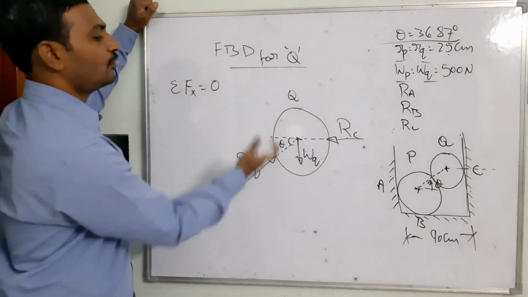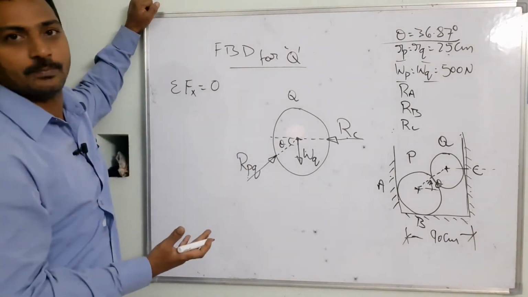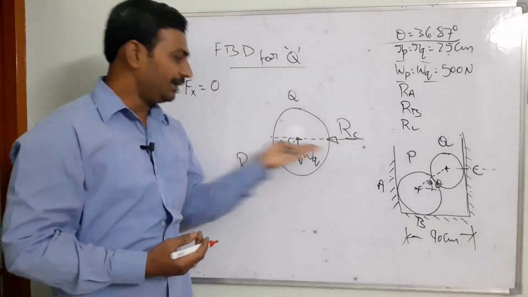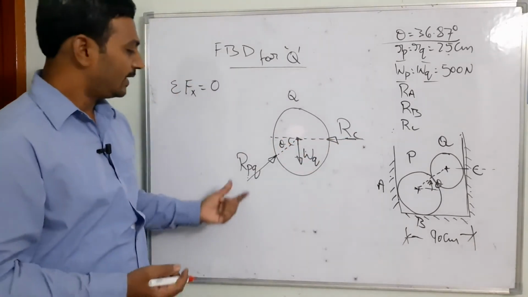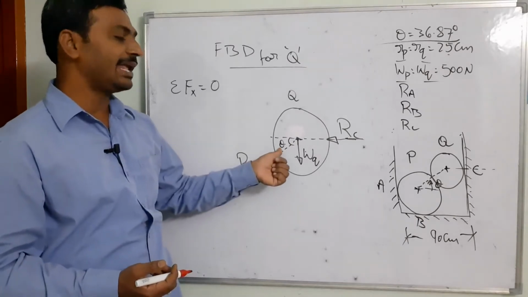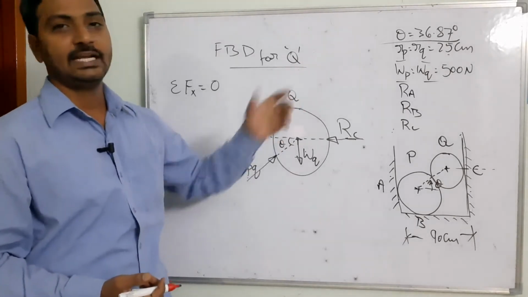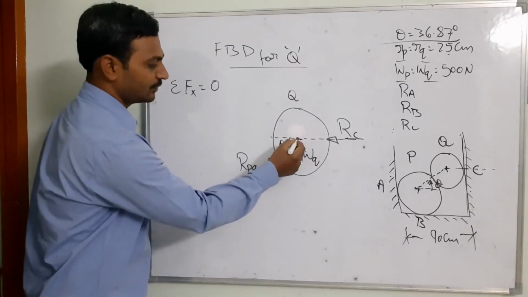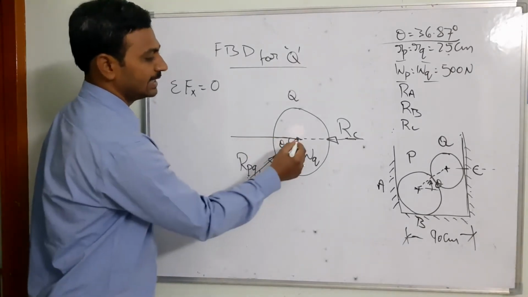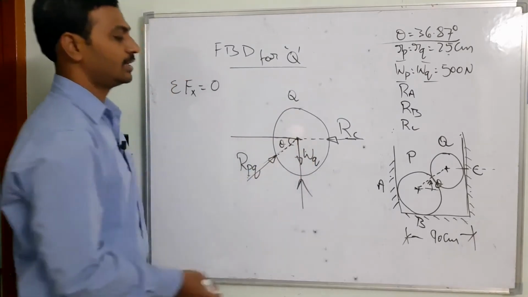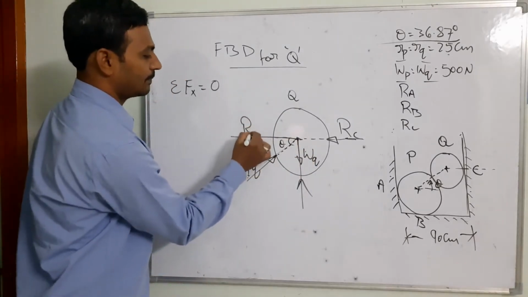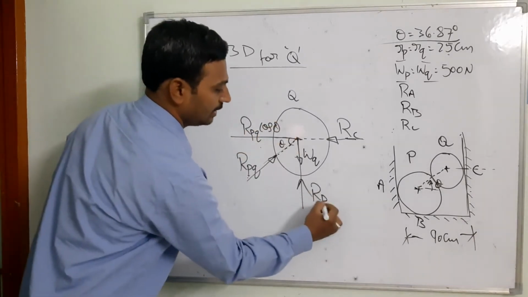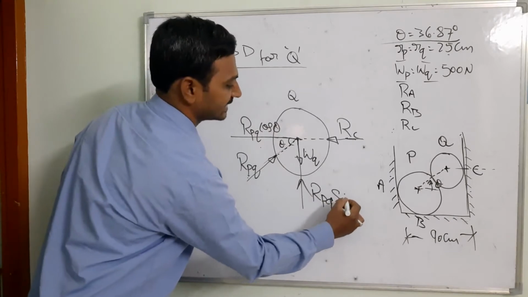Can you see how many forces we have in the horizontal direction? The first one is your RC force, which is acting directly along the horizontal axis. But the RPQ is making an angle theta. As we know the theta inclination, I am going to resolve this RPQ force into its horizontal and vertical components. So this is going to be your RPQ cos theta and RPQ sin theta.